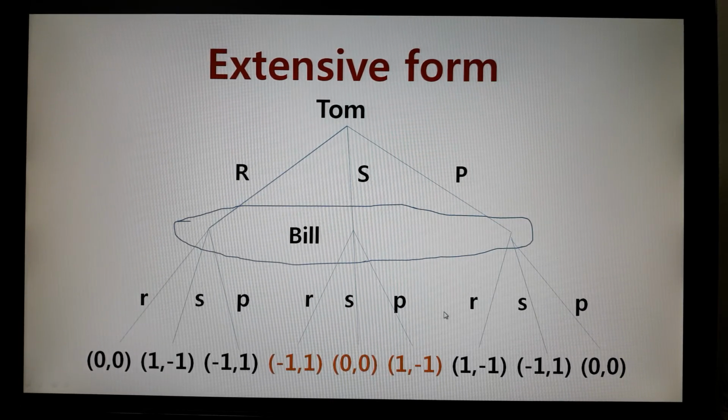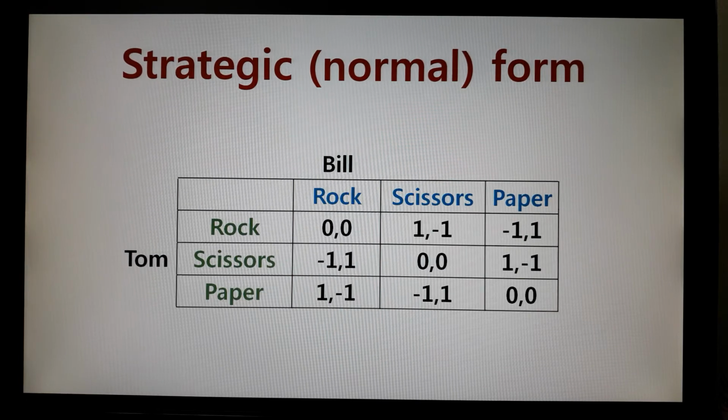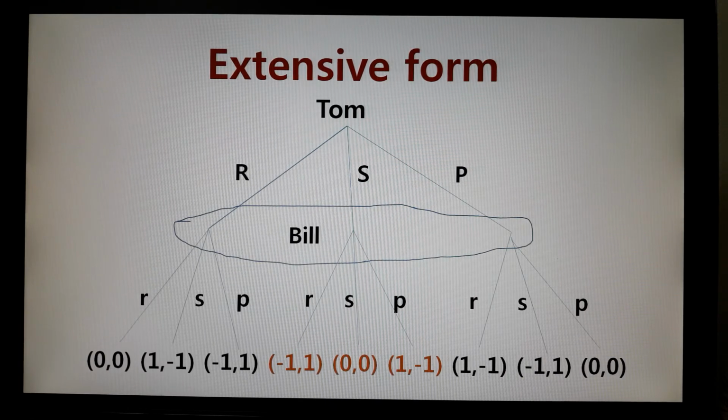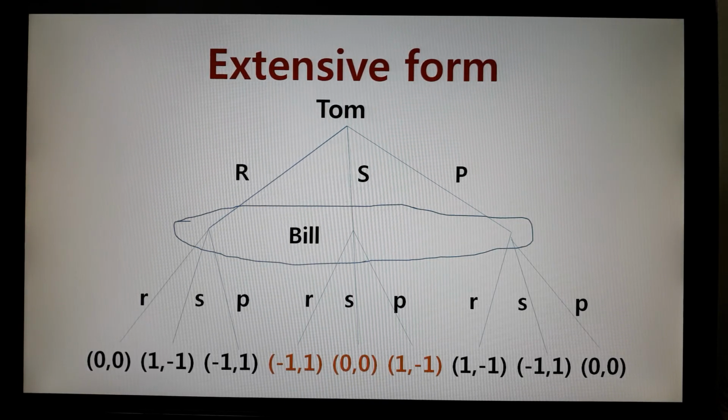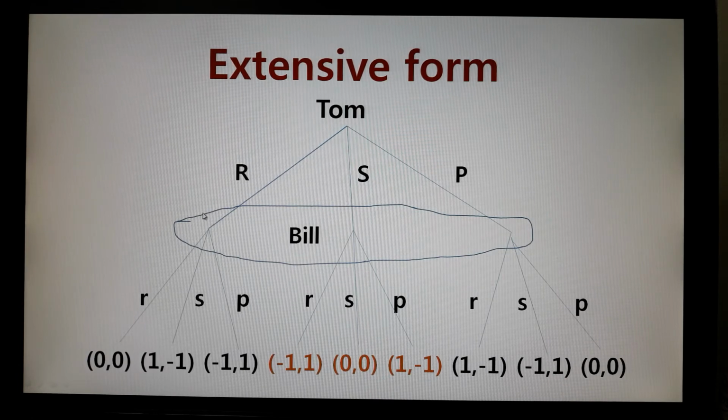So basically, this extensive form of the rock, scissors, paper game is essentially the same as this strategic form. So this strategic form and this extensive form are the same thing, explaining the rock, scissors, paper game that we know.